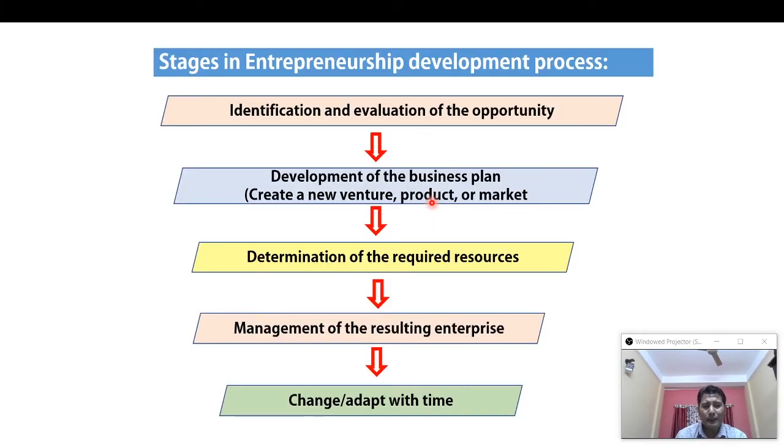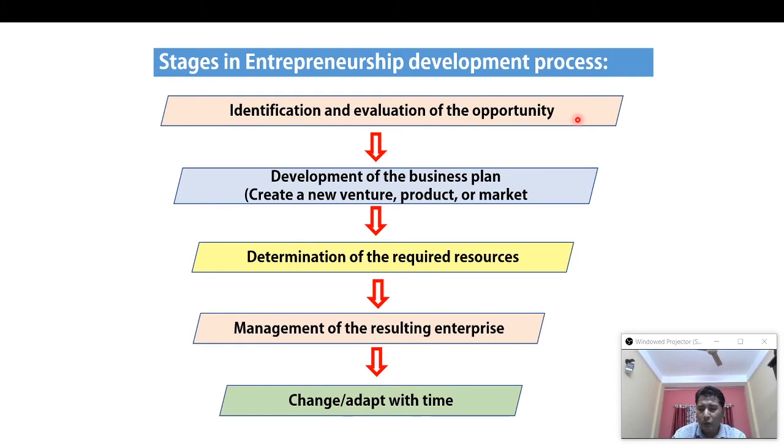Now we know that to start a business you need to have entrepreneurship development, and let us see the different stages in the entrepreneurship development process. First and foremost is the identification and evaluation of the opportunities.